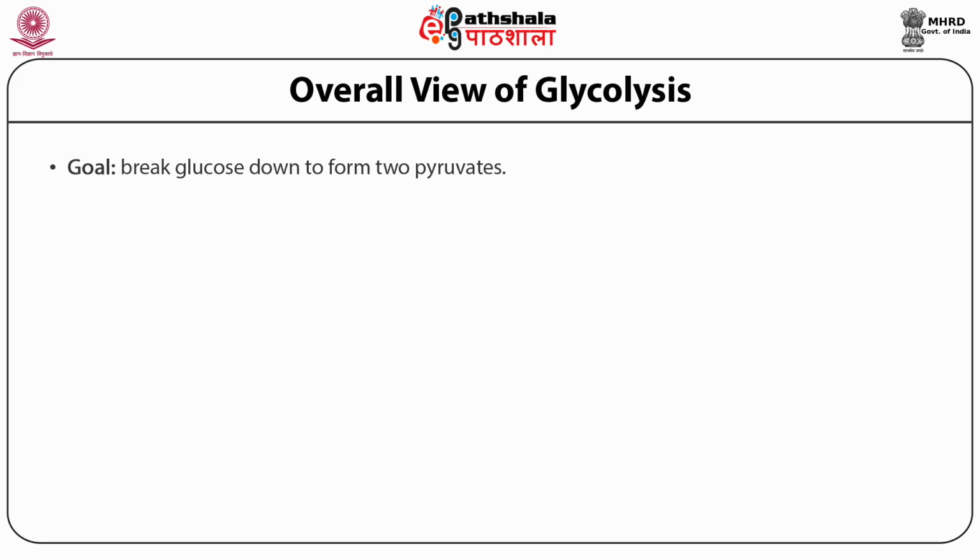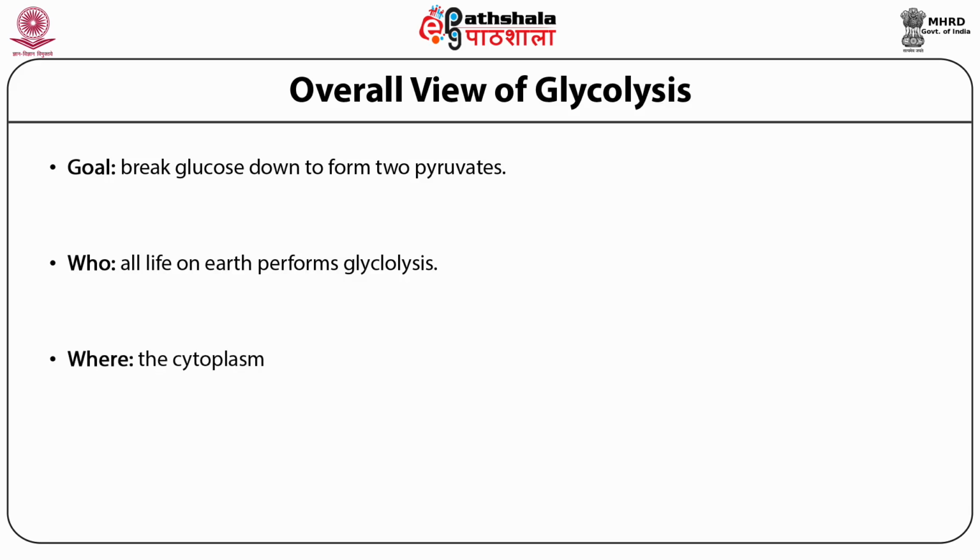So the goal of glycolysis is breakdown of glucose and conversion of the glucose into 2 molecules of 3-carbon pyruvate. All organisms perform glycolysis, whether prokaryotes or eukaryotes, whether bacteria, plants or animals. Glycolysis occurs in the cytoplasm of the cell.